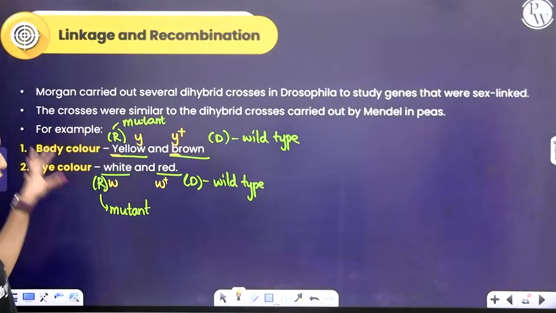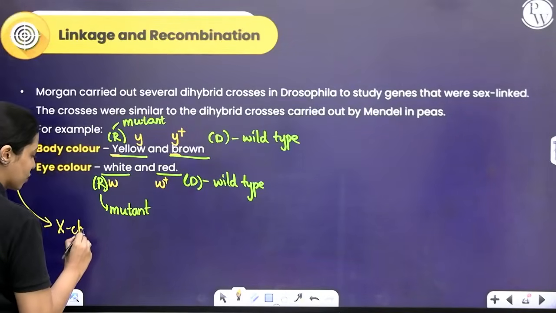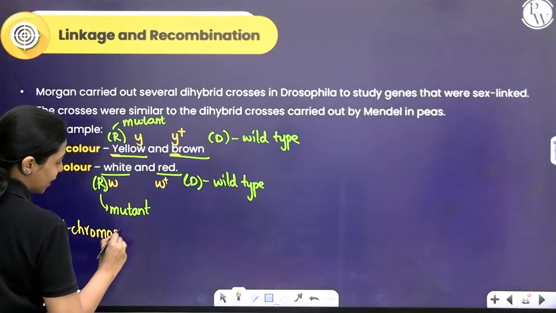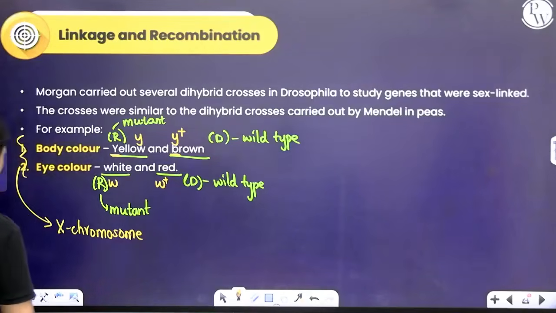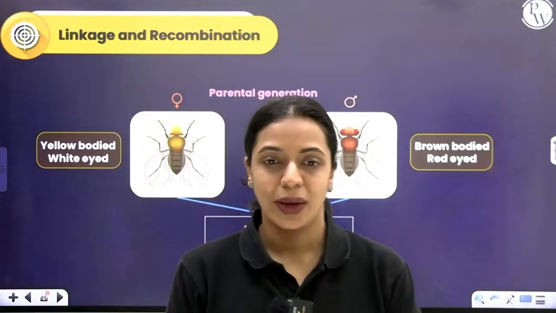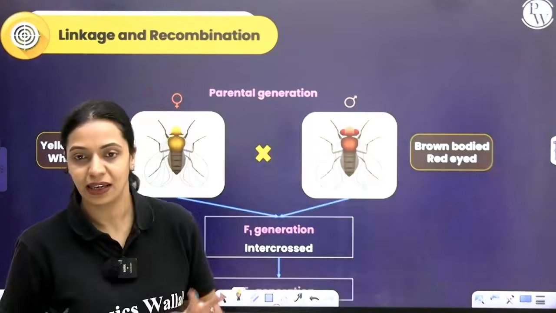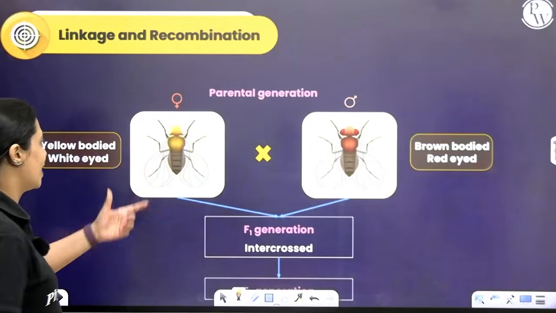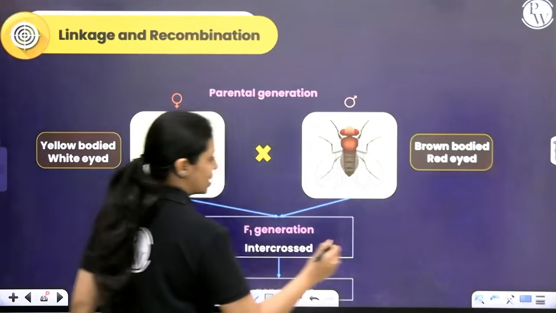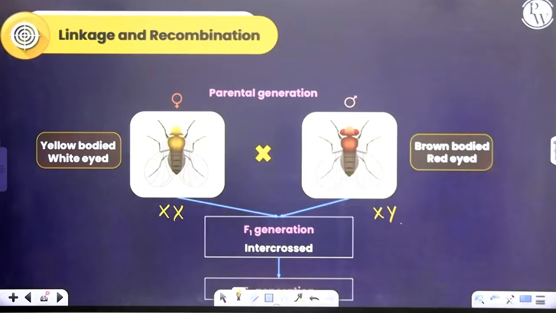Okay, so both of these characters were situated on the X chromosome. In Drosophila, similar to how in humans we have females having 2 X chromosomes and males having 1 X and 1 Y chromosome, very similarly even in Drosophila, females will have 2 X chromosomes, males will have 1 X and 1 Y. So what does he do in the parental generation?